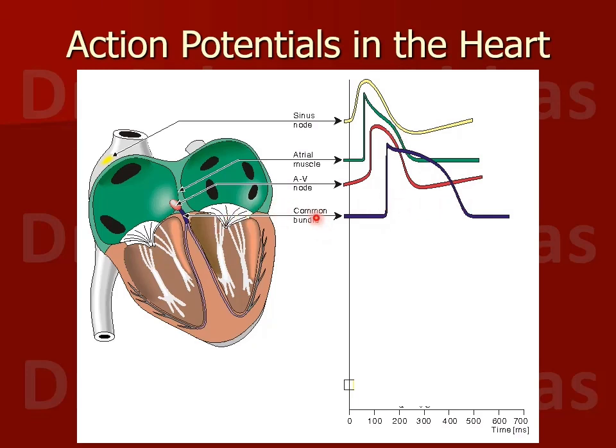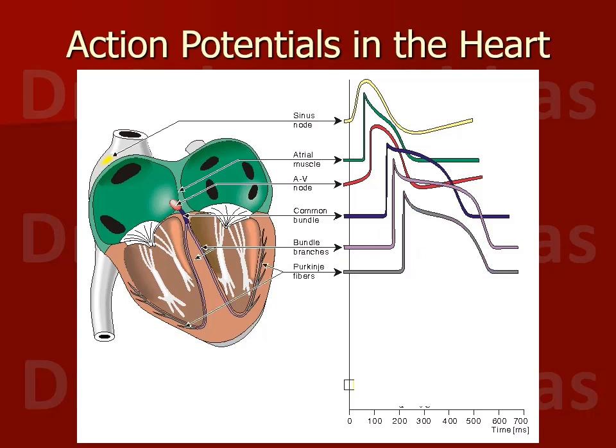In the bundle of His, the refractory period is quite long compared with the rest of the action potential. Sometimes the plateau is there, sometimes it is not, sometimes the RMP is stable, and sometimes it is not. Now these are the left and right bundle branches, and here the refractory period is even much longer.